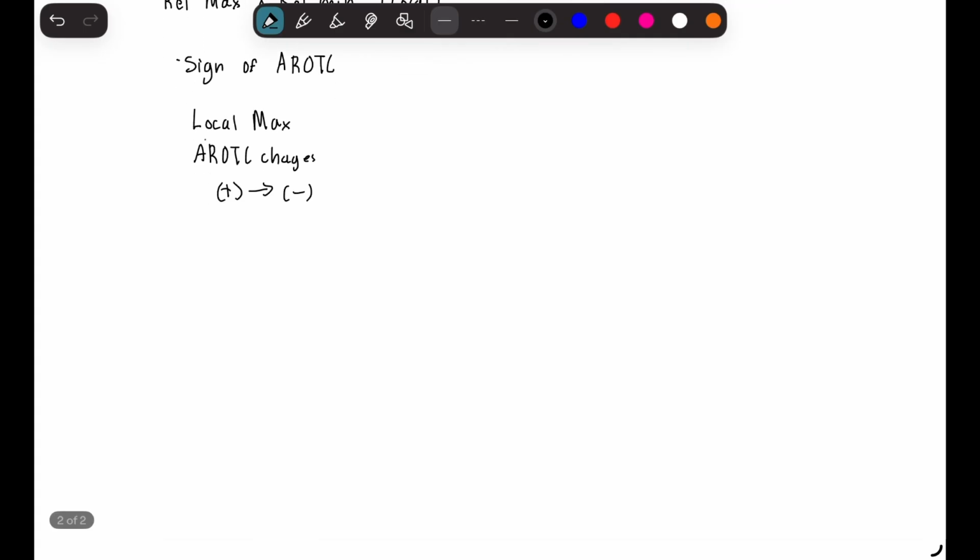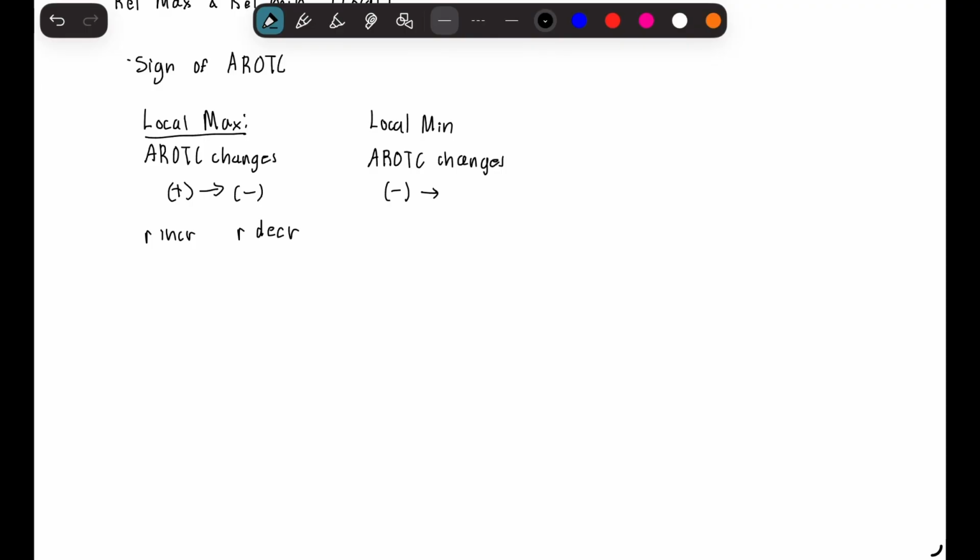So r was increasing, and then r starts decreasing. On the other hand, a local min is when the average rate of change goes from negative to positive. So originally r was decreasing, but then r starts to increase.